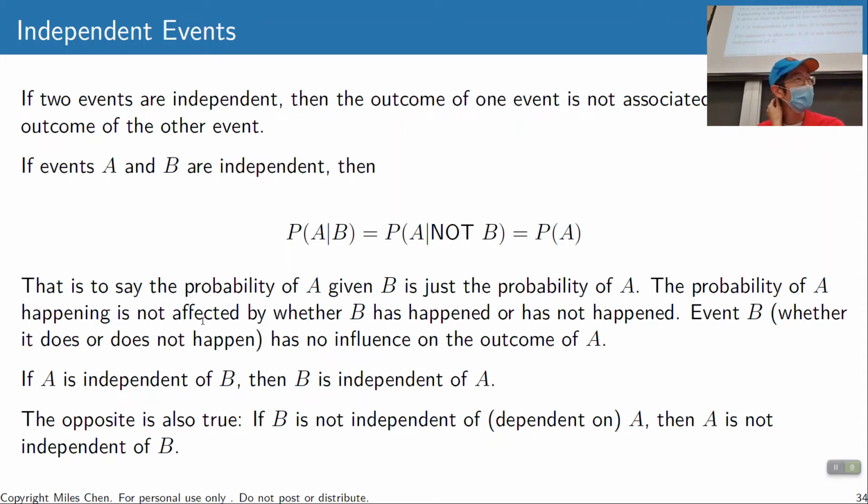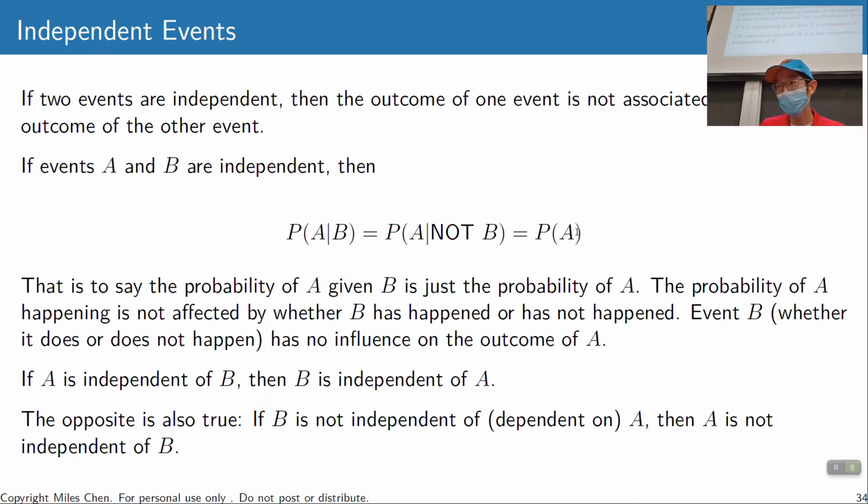If events A and B are independent, then the probability of A given B is the same as the probability of A given not B, which is just the same as the probability of A. What this means is that the probability of A given B doesn't matter. Whether B happens or doesn't happen, it has no influence on A. The probability of A happening is just the probability of A.